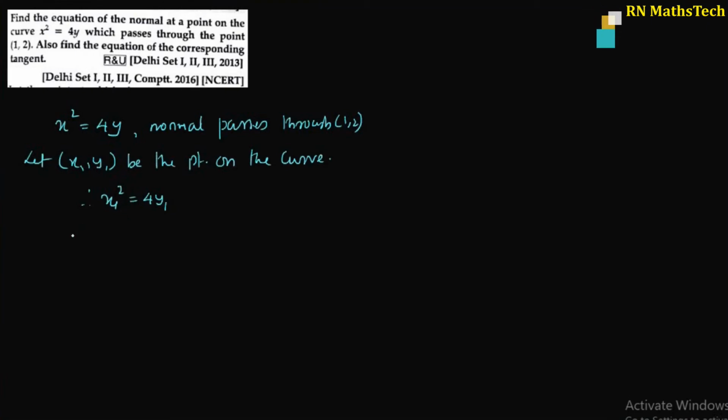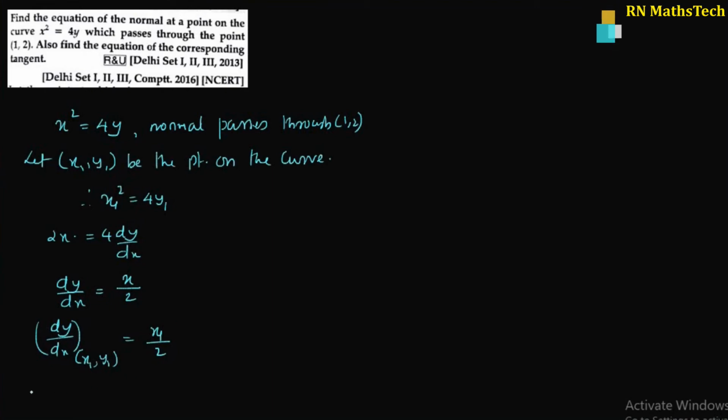Now differentiating, 2x is equal to 4 dy by dx. dy by dx is equal to x divided by 2. Now dy by dx at x1, y1 is equal to x1 divided by 2. Therefore the slope of the normal is equal to minus 2 by x1.